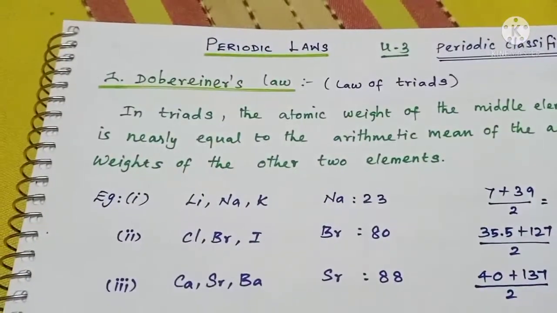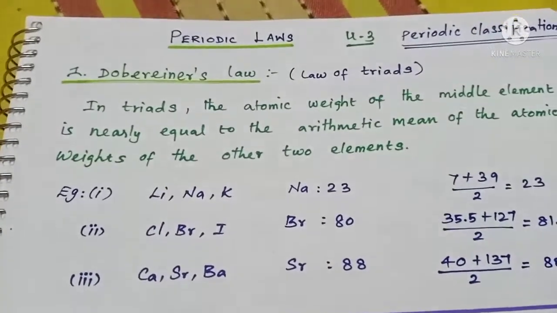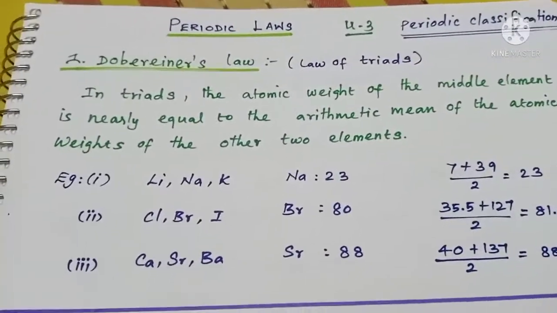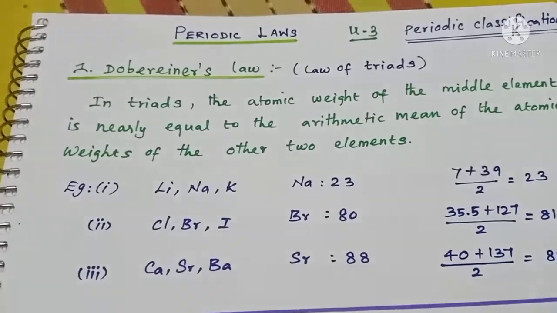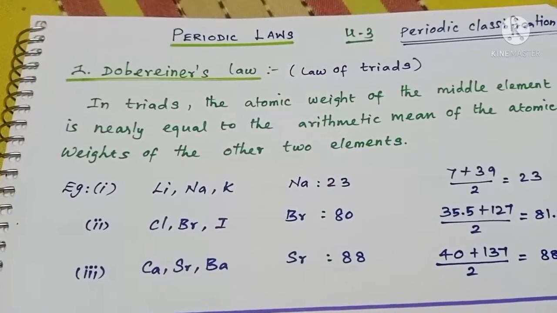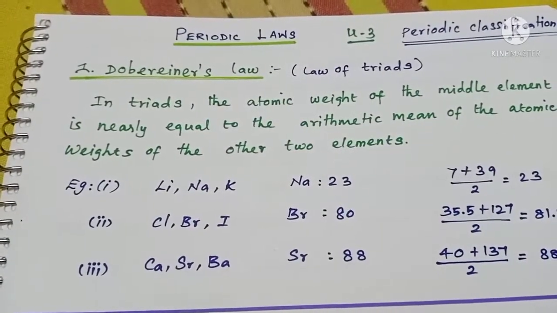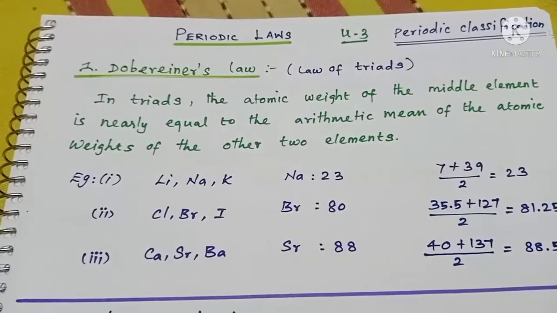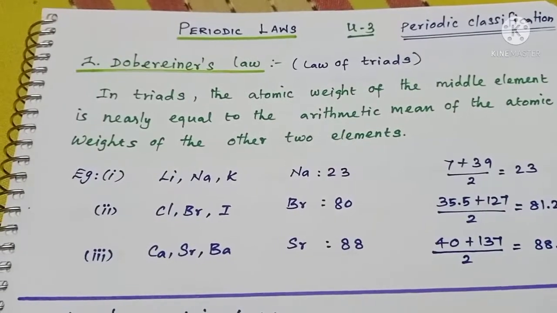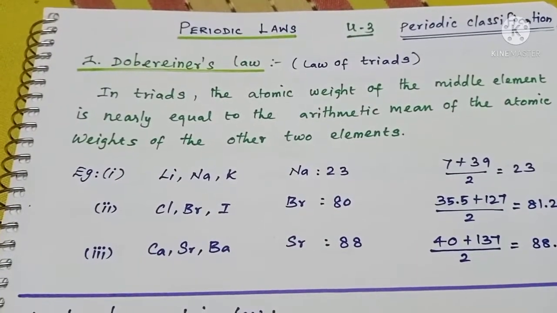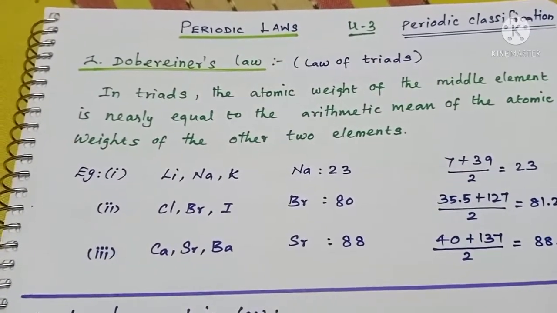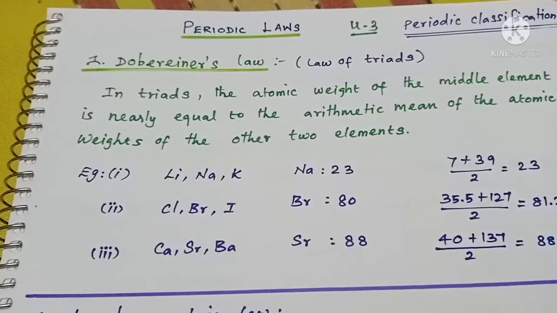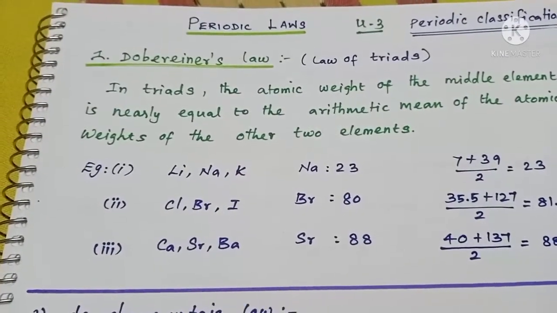First, let me explain what is meant by Dobereiner's law with an example. Dobereiner contributed to the construction of the periodic table, and while constructing it, he kept three elements in every group, and he framed a law which is called Dobereiner's law of triads, also called the law of triads.